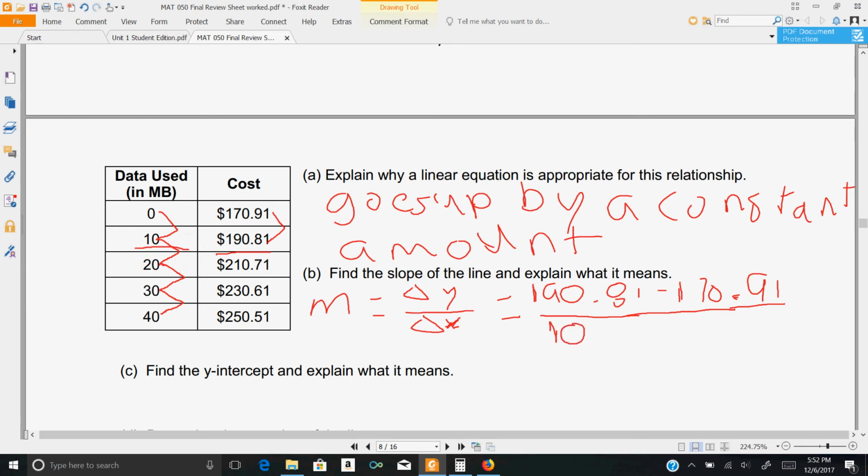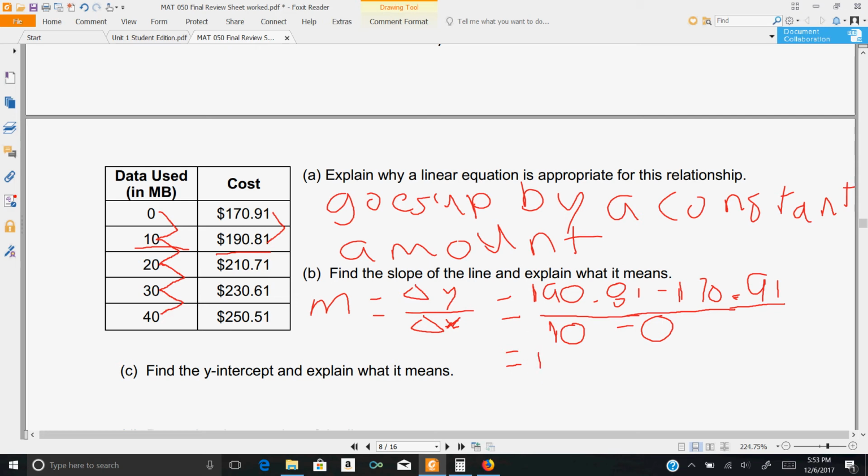It becomes important when you have a relationship where it's going down. A lot of people try to make a positive number every time. In this case, they're both going to end up being positive because I have 10 minus 0. So I have the $19.90 that I got before when I subtracted 190.81 minus 170.91. I'm going to divide that by 10, because 10 minus 0 is 10. So I have 19.9 divided by 10.